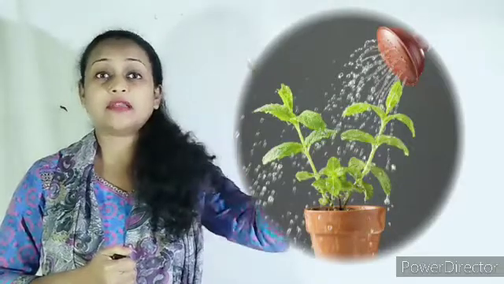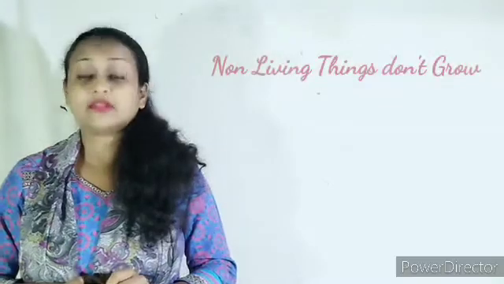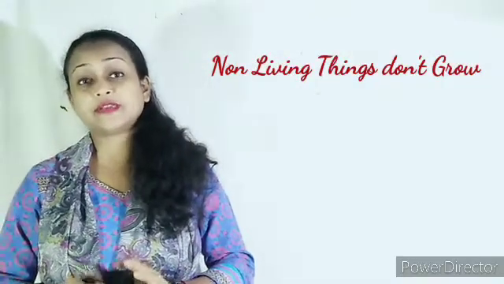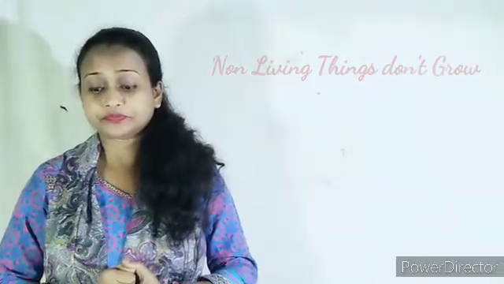When you see a child, a baby, you will see it grows in the first few years, but if you see a man or a woman, they have stopped growing. Non-living things like books, stones and toys do not grow. So the difference is living things grow whereas non-living things do not grow.